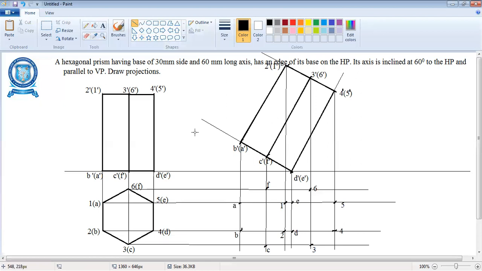Now we are going to draw the final view of the hexagonal prism, which is inclined at 60 degrees to HP. The first procedure is we have to join all the edges in the outline.